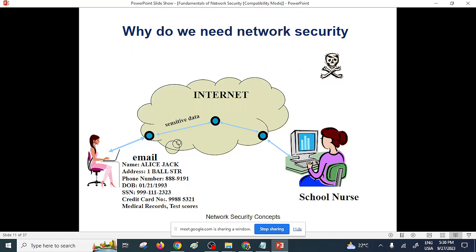Then at the top right, I can see there's this guy who is just waiting. So you see, when communication is happening in a network, there are always bad people just waiting to spring into action, right?